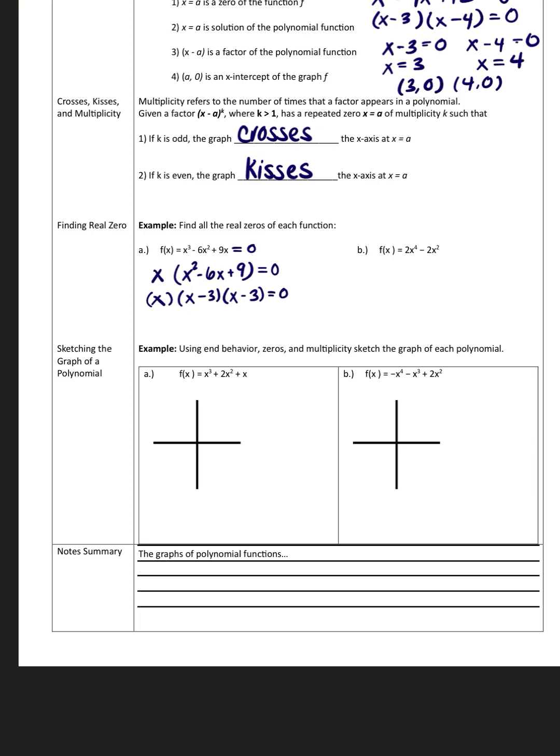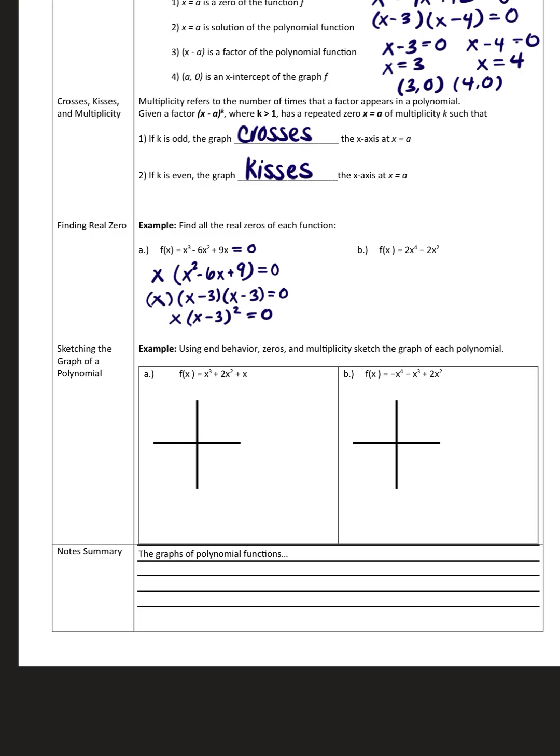So I can put these together, because it's technically being multiplied by itself. So x minus 3 times x minus 3 would be x minus 3 squared, and that equals 0.